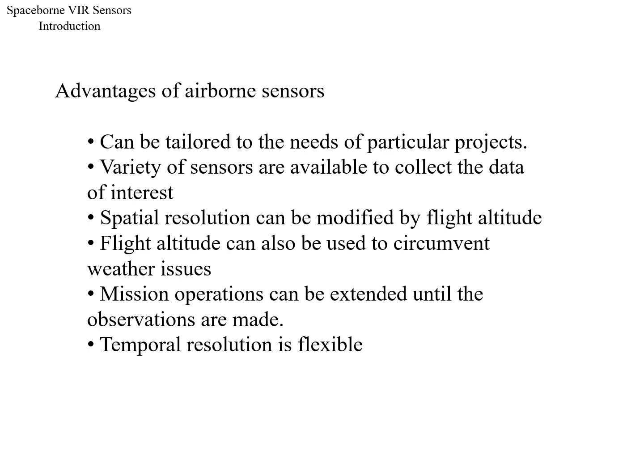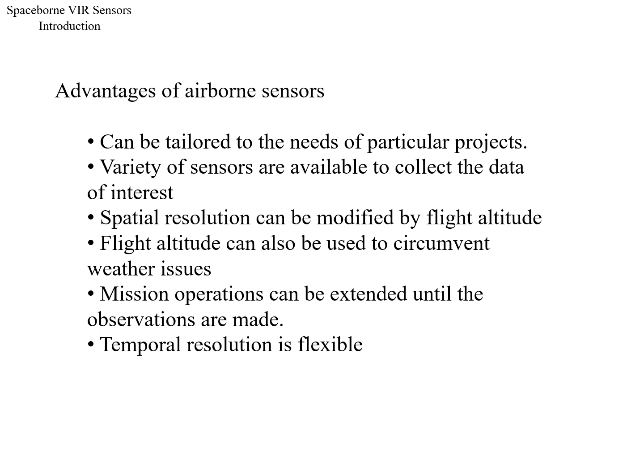So we've talked about airborne sensors and their advantages. They can be tailored to the needs of particular projects. You can send them out when and where you need them. There are a variety of sensors that can be flown in them, and in general a greater variety of sensor types, because it takes a while for new sensor technologies to make the leap from airborne configuration to spaceborne configuration.